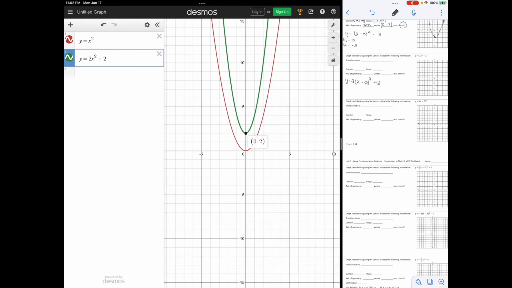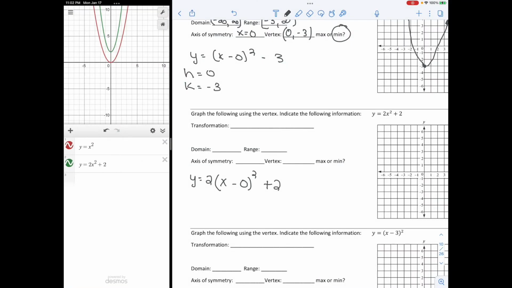If we click on the vertex, we see our vertex is 0, 2, which is what we got from the equation. So how did it transform? Because a is equal to 2, this is a vertical stretch of 2.